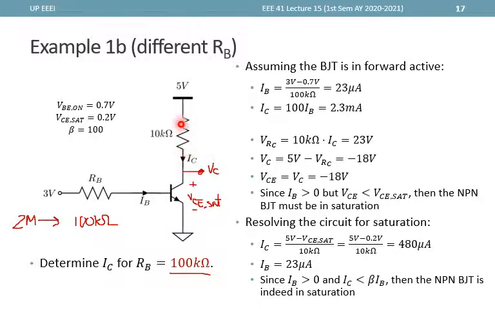So IC is the current through the RC. And if this is 0.2 or VCE sat, then the current here must be 5 minus 0.2 over 10 kilo ohms. So 4.8 over 10K, 480 microamperes. Now, IB is still 23 microamperes, since this is still 0.7 even in saturation.